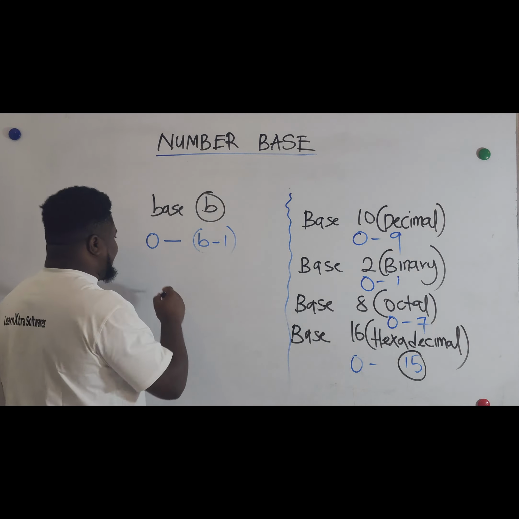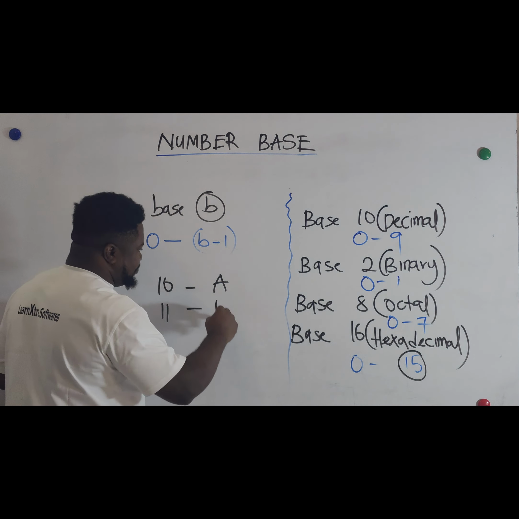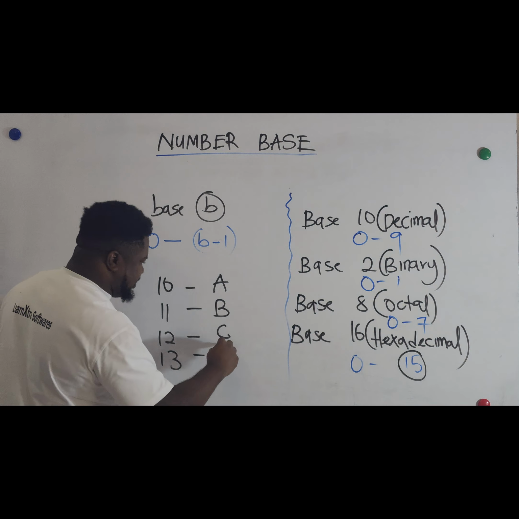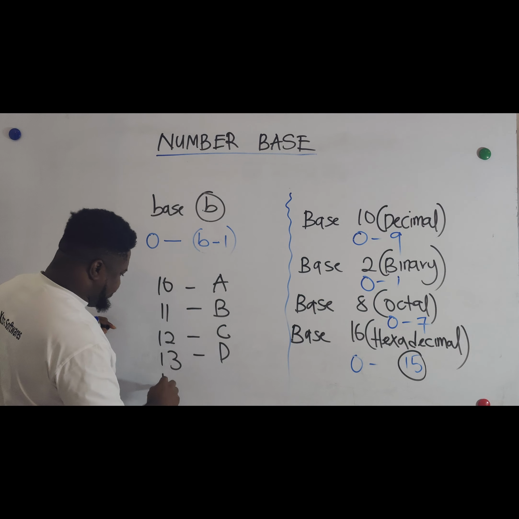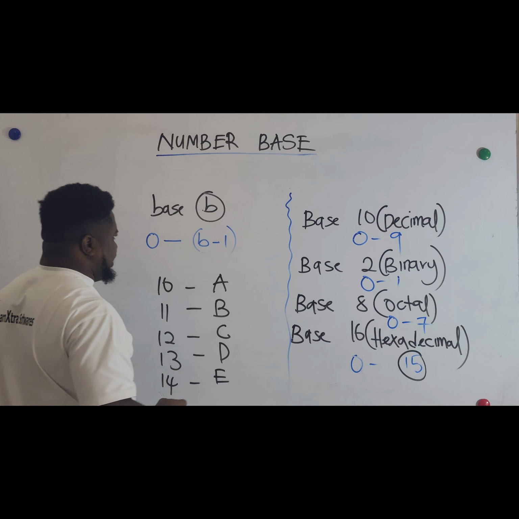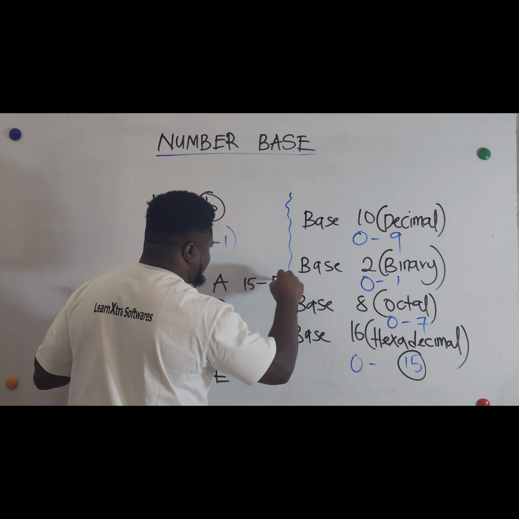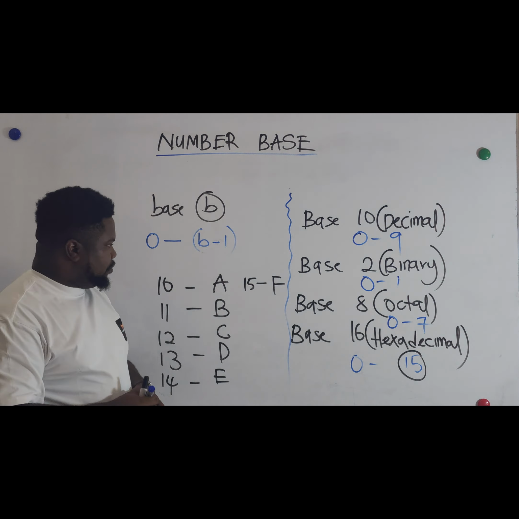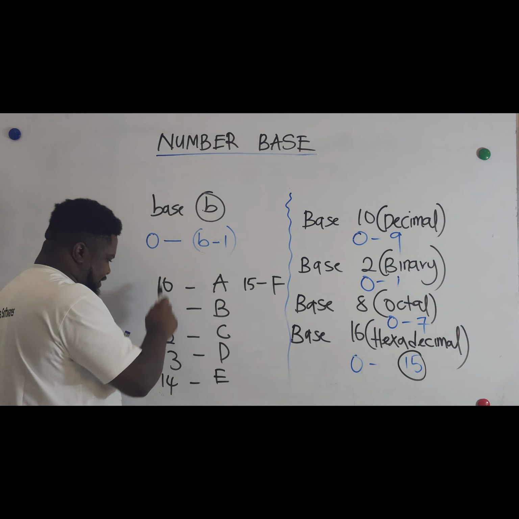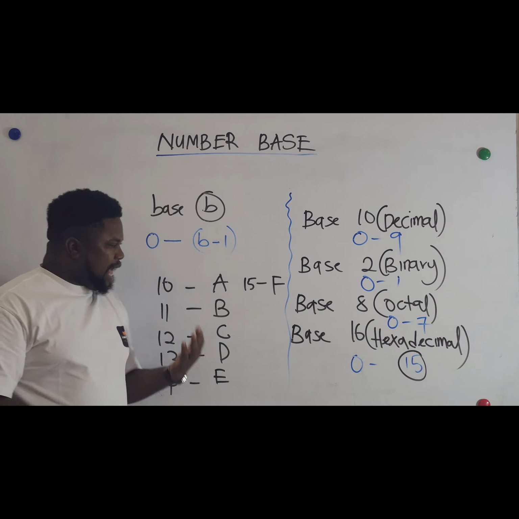So we take 10 to be A, 11 B, 12 C, 13 D, 14 E, and 15 F. For base 16, we'll be using these letters to show our numbers.